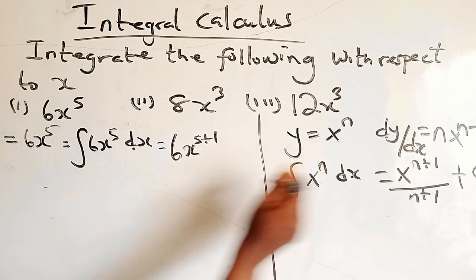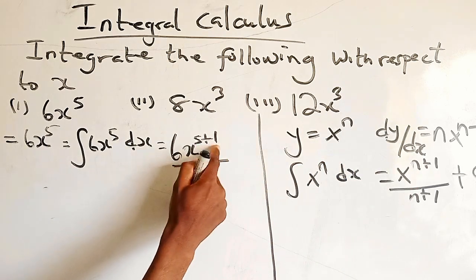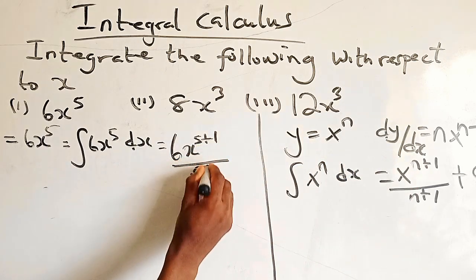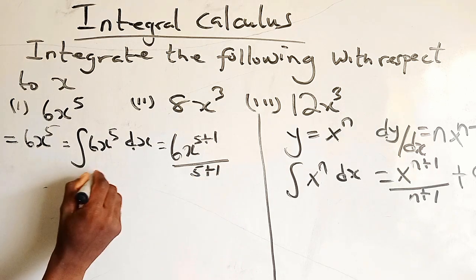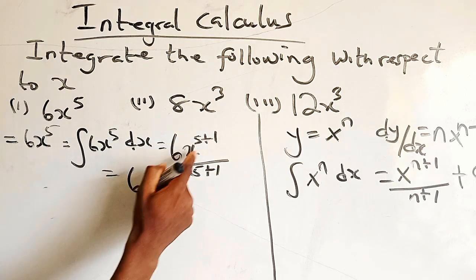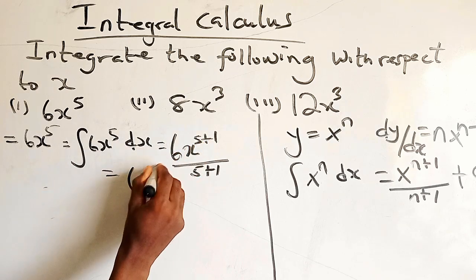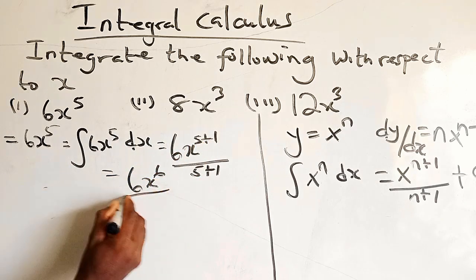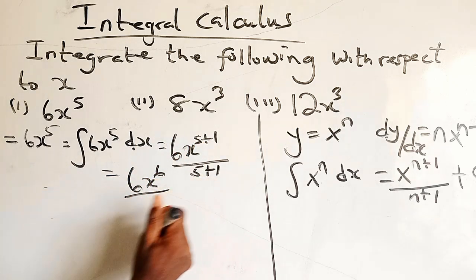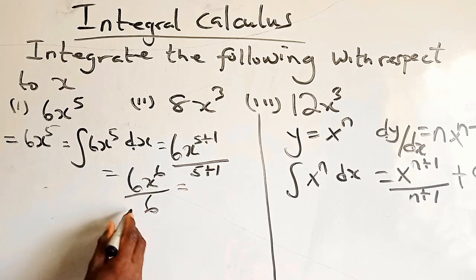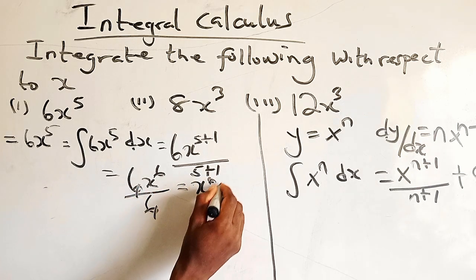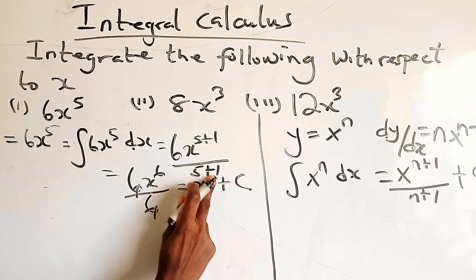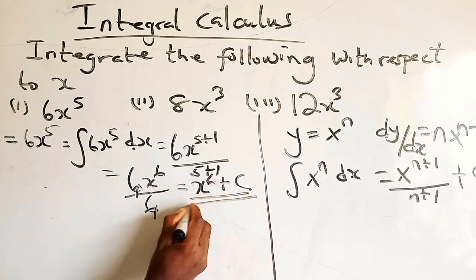When I add 1, I divide everything by this, so 5 plus 1. So I'll be having 6 times x raised to power 6, divided by 5 plus 1, which gives you 6. So when we simplify, we have x raised to power 6 plus the constant of integration, for the first one.